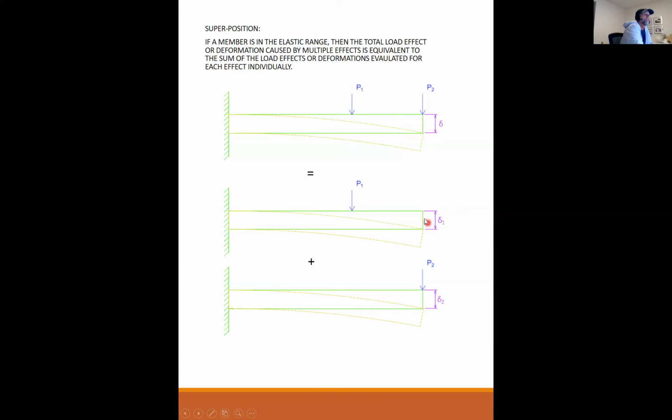So you look it up for 1 point load, look it up again for the other point load, and because of superposition, you can add the two results together for the total result. That would be an immediate application of superposition. Again, this only applies in the elastic range. Any questions on that?